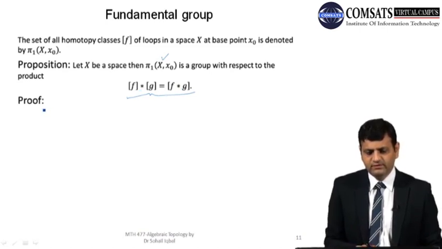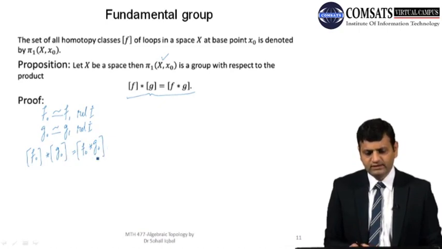Well defined means if I have a path, let's say f naught homotopic to f1, of course relative to I dot, and if I have g naught homotopic to g1 relative to I dot, then I have to show that f naught star g naught is homotopic to f1 star g1.